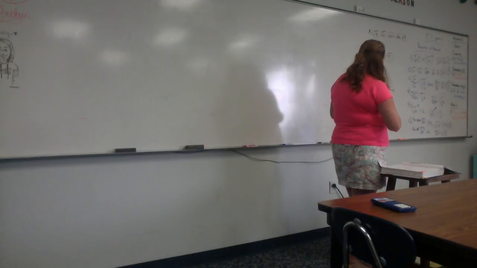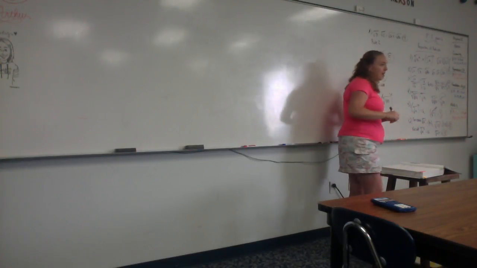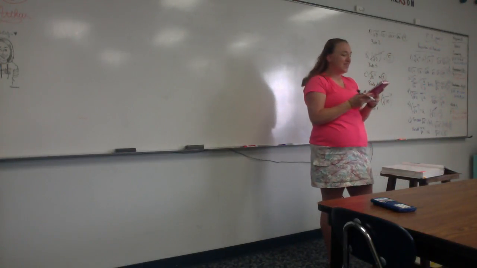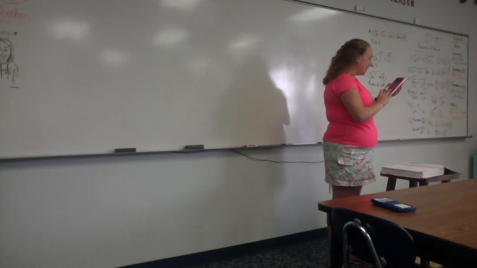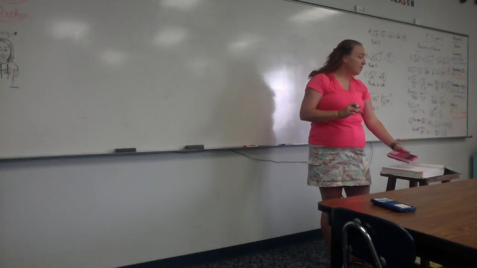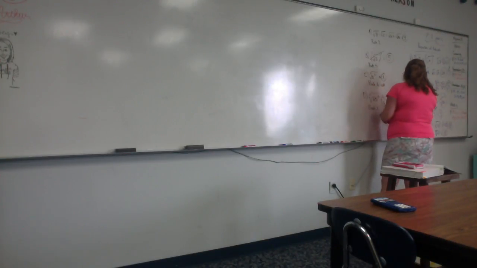You can put the 2 on the outside. I can put the 2 on the outside and take the cube root of 125 first. What is the cube root of 125? 5. You said 25? No. But you can put it into these graphing calculators, which have the cube root already programmed into them. You get 5 because it is right. And so then I have 5 squared, which is 25.